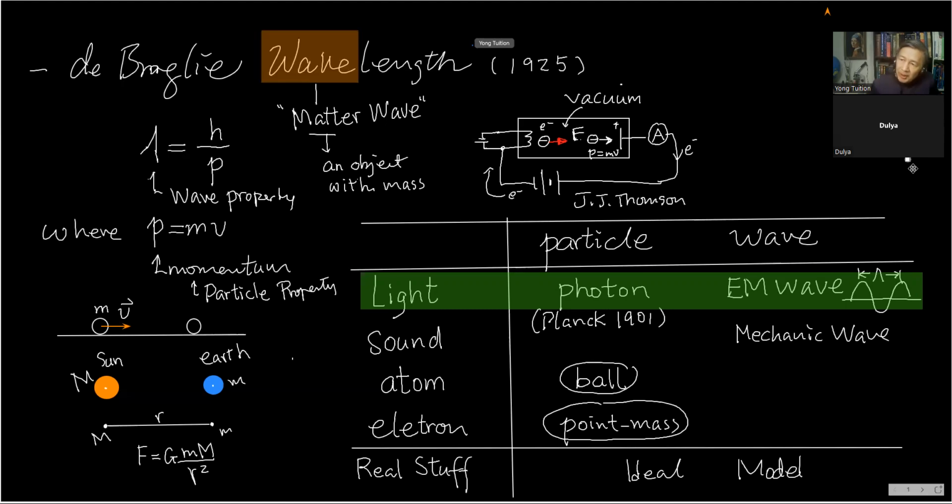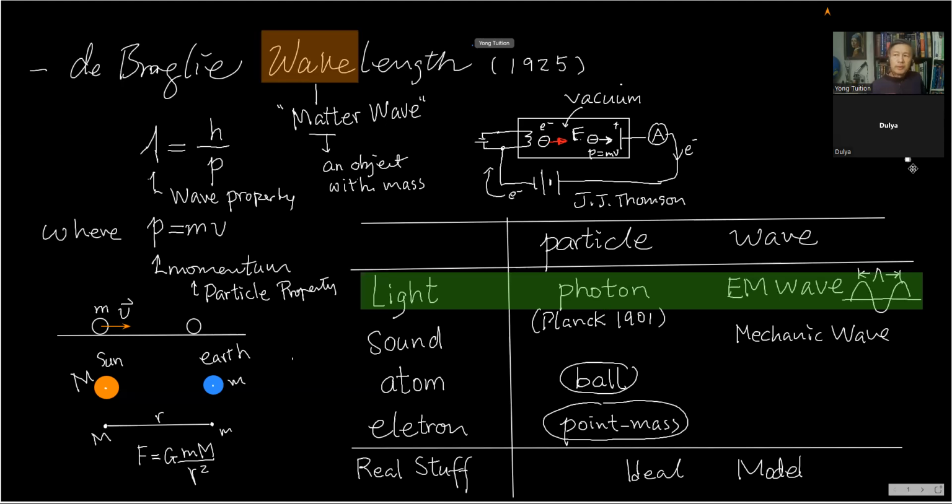So to describe light, you use either a wave or a particle model. Physicists had explained several important experimental observations at the beginning of the 20th century.